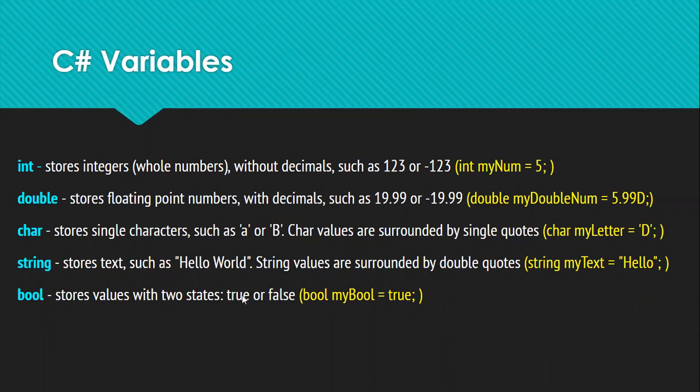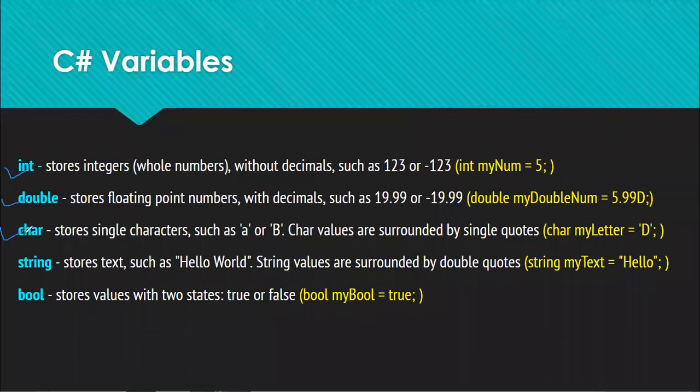Next is what are the different types of variables. Very similar to other languages, it has variables like int, double, char, string, and bool for boolean. Int stores integers, that is whole numbers without decimals. It can be a plus number or a minus number.